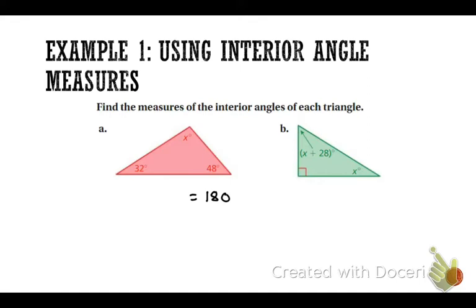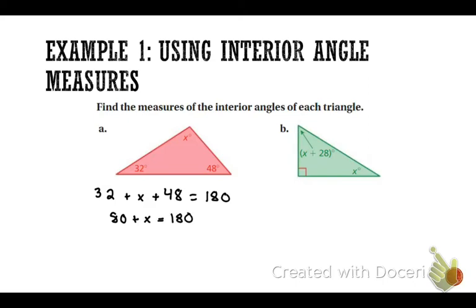Then on the other side, I can add the other angles: 32 plus x plus 48. Now I can solve an equation. What's 32 plus 48? 80. So 80 plus x equals 180.